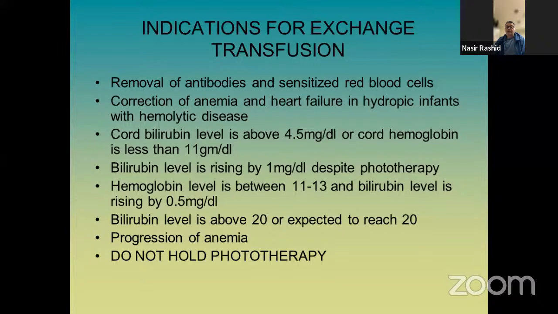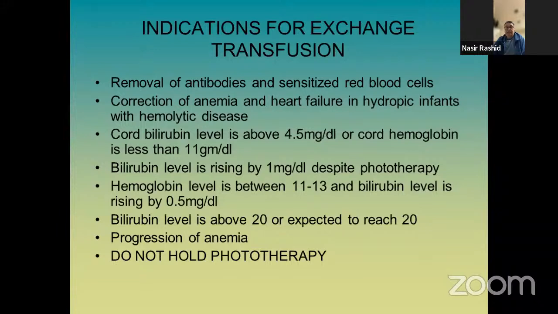But Rh incompatibility can cause very severe hemolysis. And if the cord bilirubin level is 4.5, which is not that high, but you're seeing a hemoglobin which is less than 11, that means there's an ongoing hemolysis. And if you do not remove those sensitized red blood cells, the hemolysis will keep going. The kid will become anemic and severely jaundiced to the point that can develop cardiac arrest.